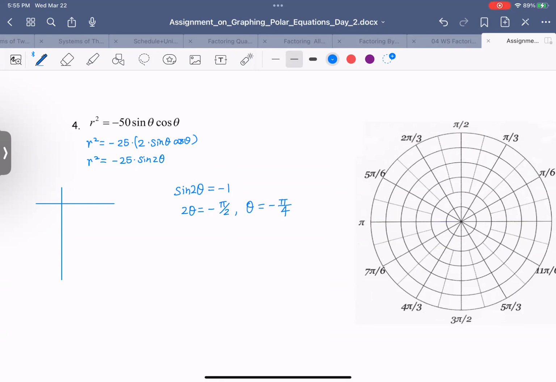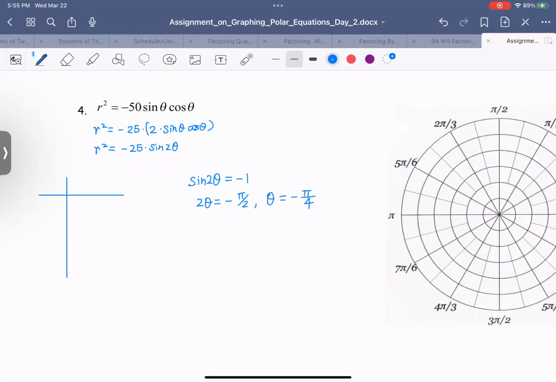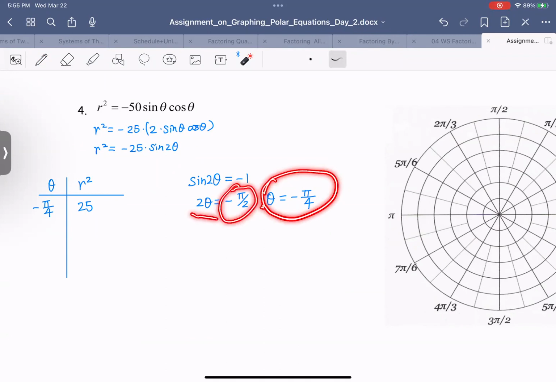So that means if theta is negative pi over 4, then r squared is going to be positive 25. Correct? You see, when this is negative pi over 4, double of this is negative pi over 2.